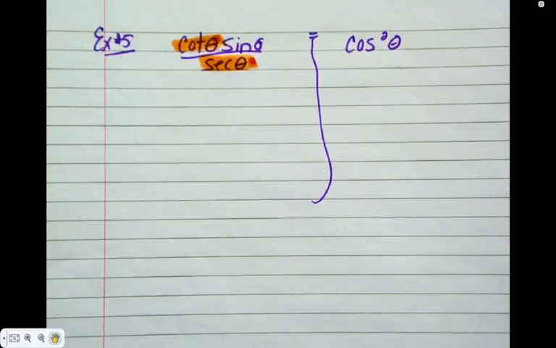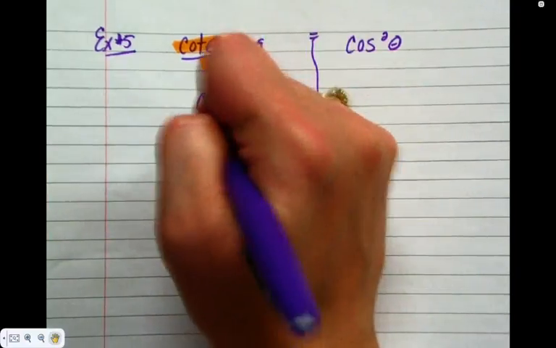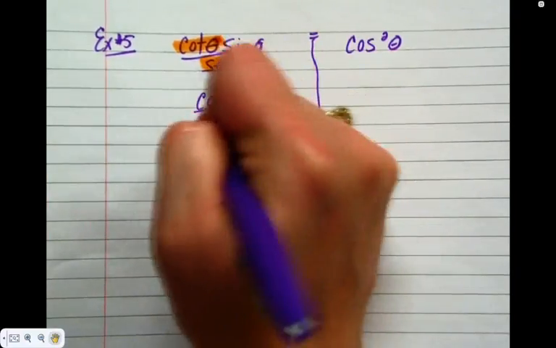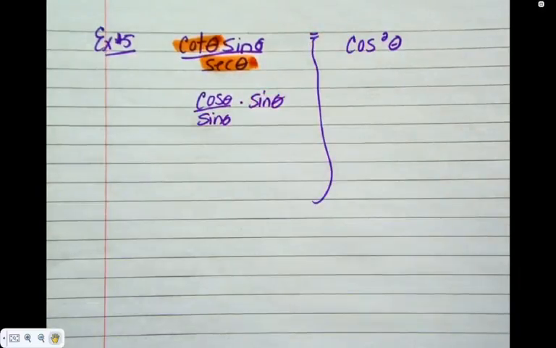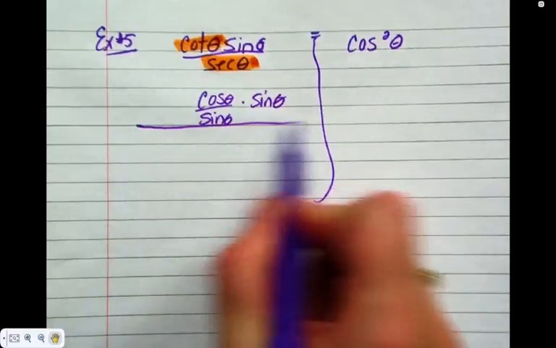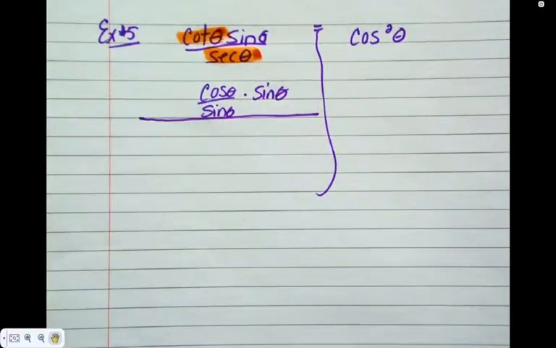Now this is where fraction squishers, the people that squish all their fractions onto one line, are going to run into trouble, because we need to keep a clear idea of what's on the top and what's on the bottom. What is cotan equal to? And then I still had that sign there, so I'm not touching him yet. I'm going to put a really big dividing line just to be really clear as to what was on the top before, what's going to be on the bottom now, etc.